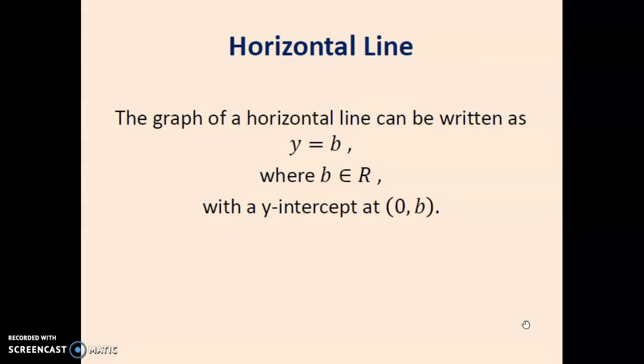The constant will determine where on the coordinate plane that horizontal line lives. So any horizontal line can be written in the form y equals b, where b is just some real number, and we have a y-intercept at the point (0, b).